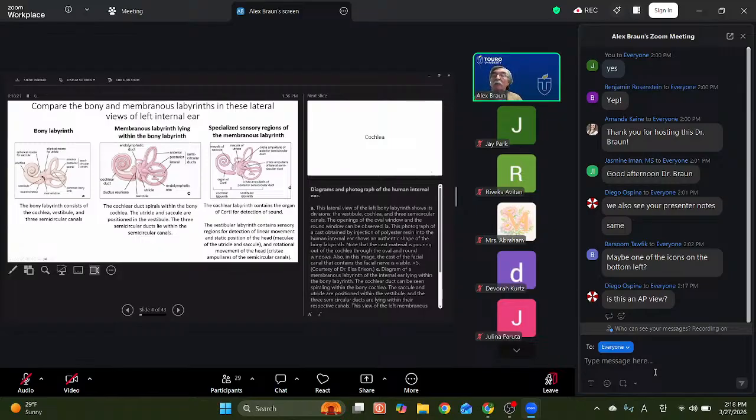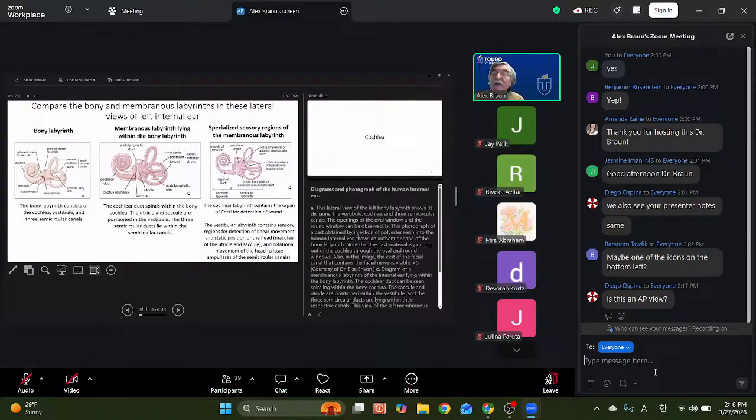So putting it all together, there are 1, 2, 3, 4, 5, 6 different sensory areas within the membranous labyrinth. The organ of Corti mediates cochlear sensation or hearing.